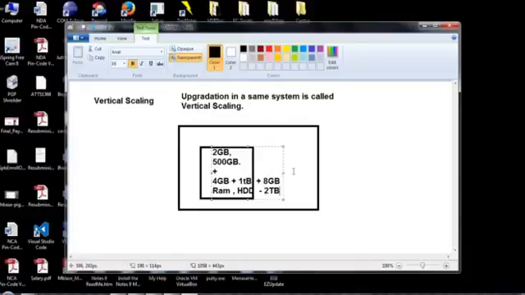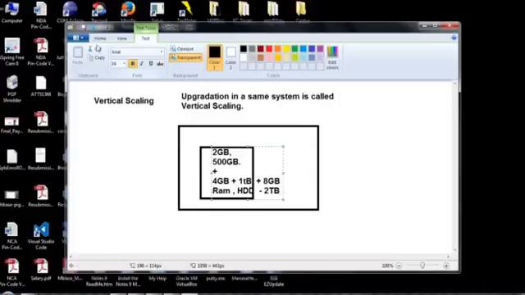So what if it's not allowing upgradation and you are dealing with petabytes of data? How will you deal with the data with a single system?